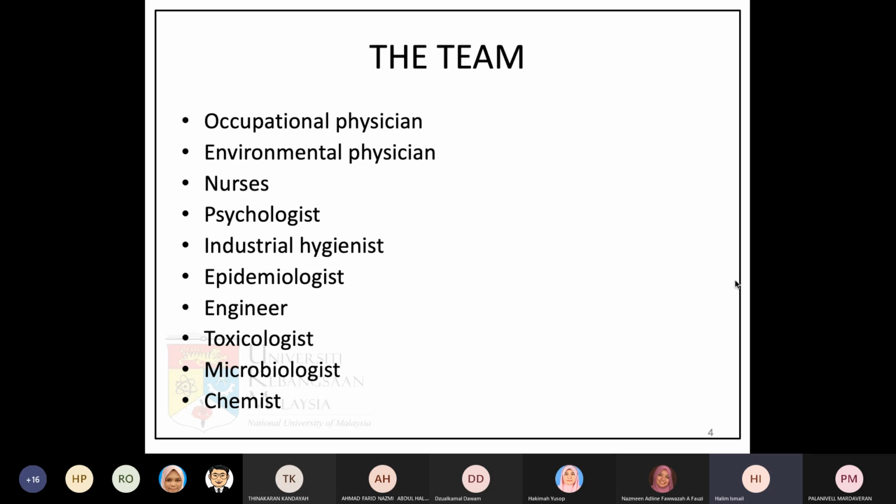And then you can have microbiologists for the biological hazard. And you can have chemists, especially those working in chemical factories, right? So the whole host of units, the whole host of team, in order to ensure the safety and health of the workers and the workplace. Okay.